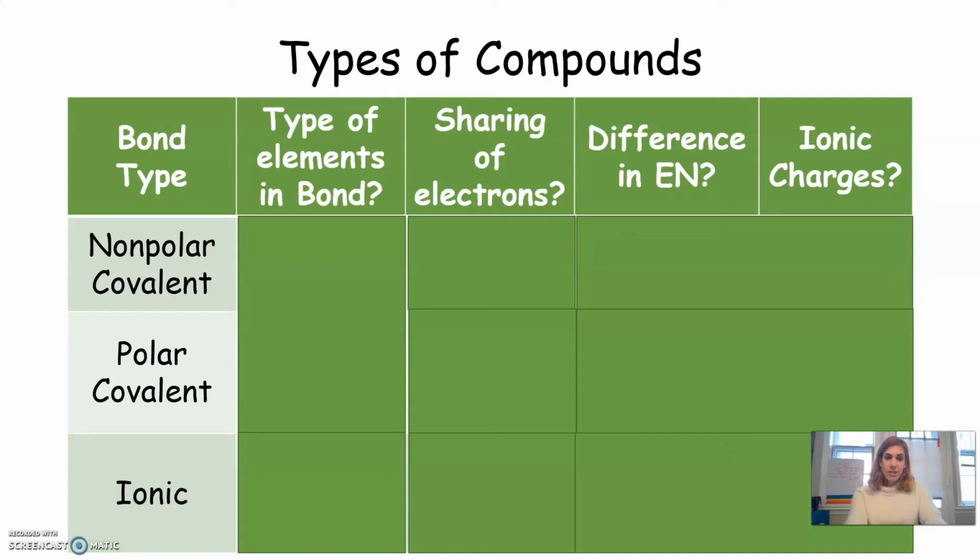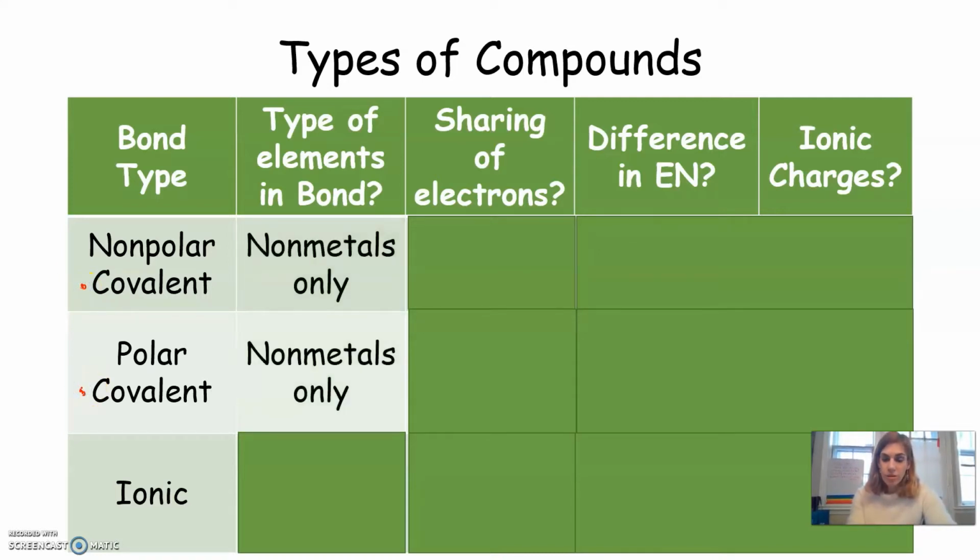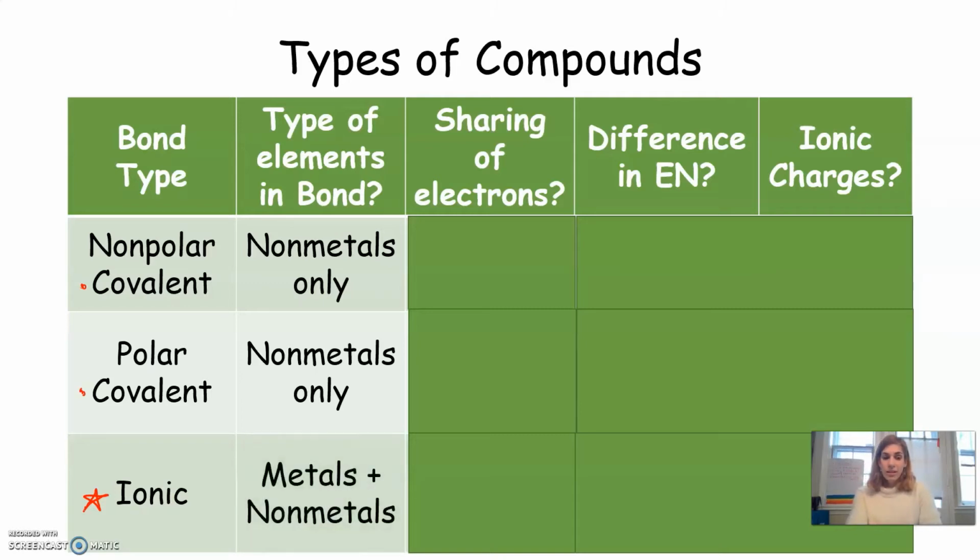And if we were to think about the types of elements in the bond, well, it's right here in the word covalent molecular. That means that's only nonmetals. Only nonmetals. But ionic, like last unit we talked about ionic, it's made up of metals and nonmetals. So if you see a metal, stop, it's ionic, you don't need to go any further.